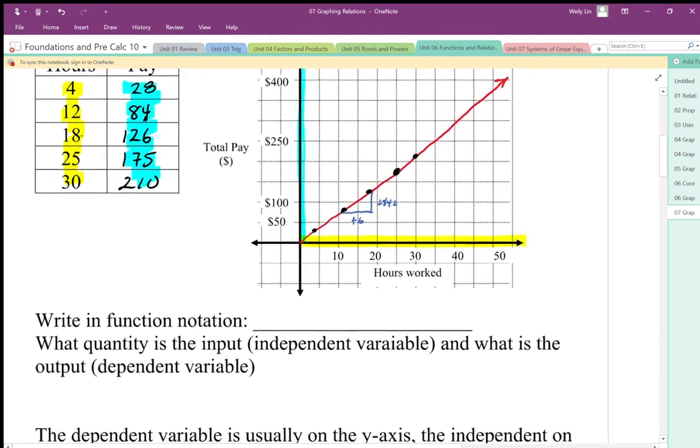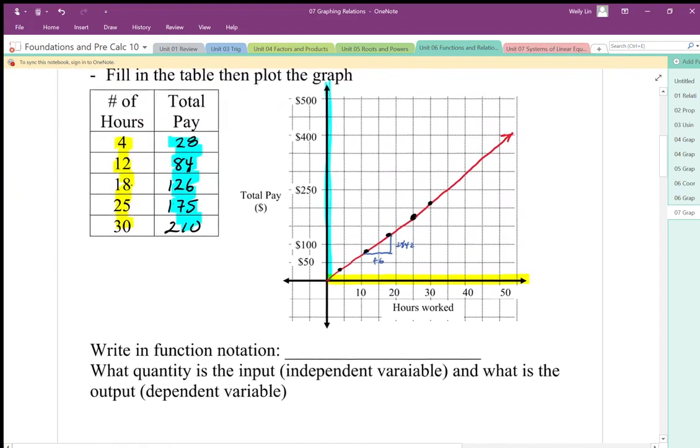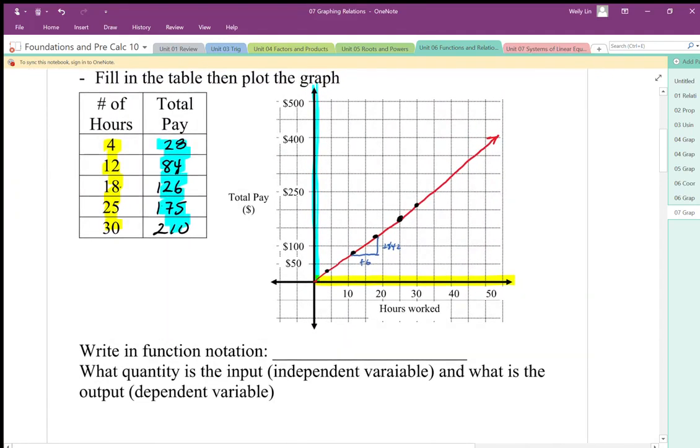So let's put this into function notation. Our input, the independent variable, is our hours worked, and the output is our dependent variable. So in function notation, my output should be my total pay. My input is x, so I'm going to write it as f of x, and it's going to be 7 times the number of hours worked, which gives us our output.